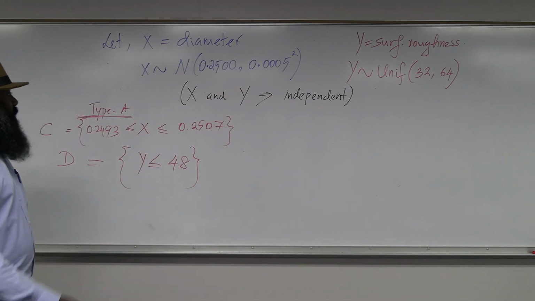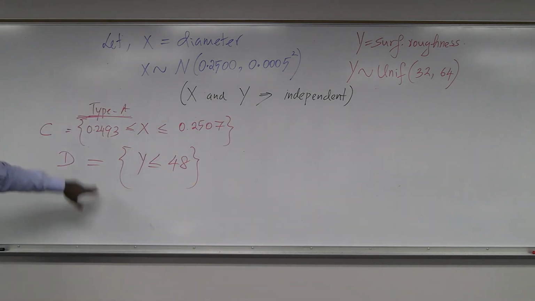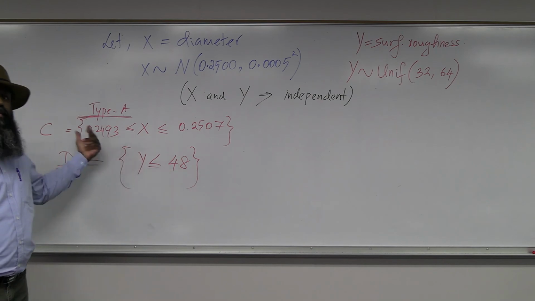Okay? Good. Now x and y are independent. Therefore, eventually C and D should also be independent. Okay? Because C is written in terms of x and D is written in terms of y, so they should be independent naturally.